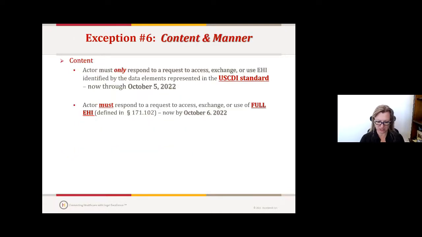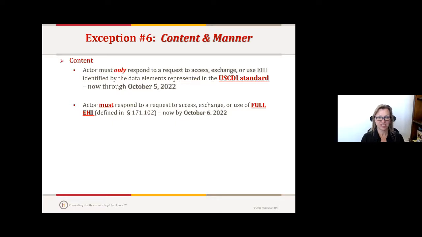Okay, this one, content and manner. I had mentioned that through October of next year, you are only required to respond with a subset of EHI, referred to as the US CDI standard, okay? And after that date, you have to respond to all.